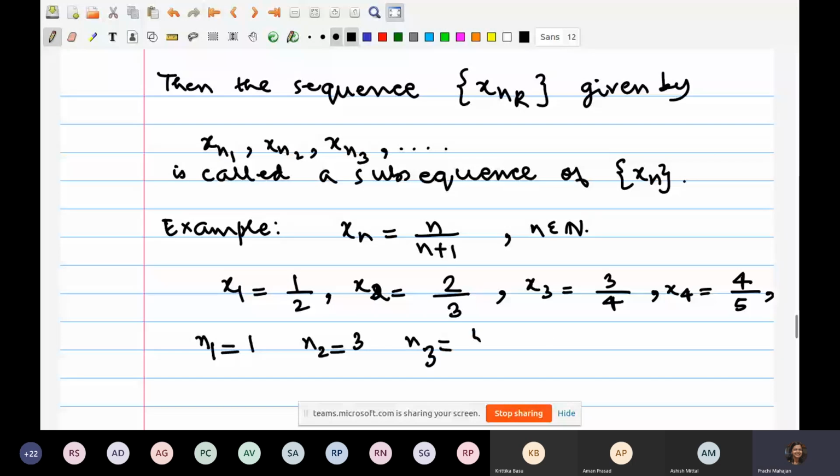Let me pick n4 as 7, and so on. I go on like this. And then what will my sequence be?